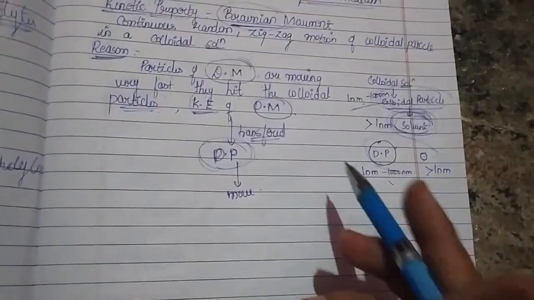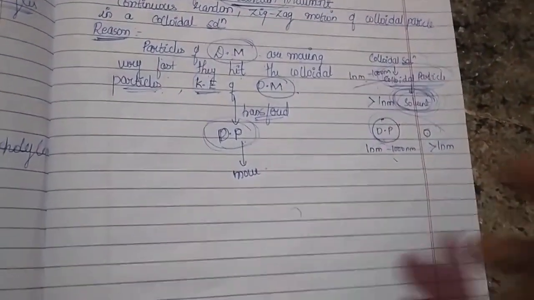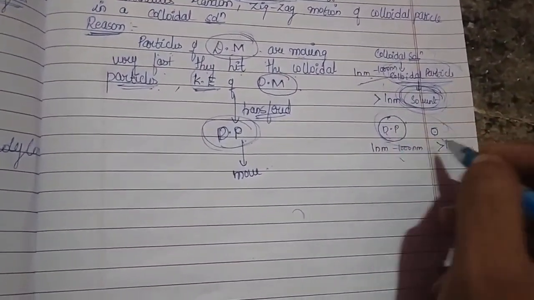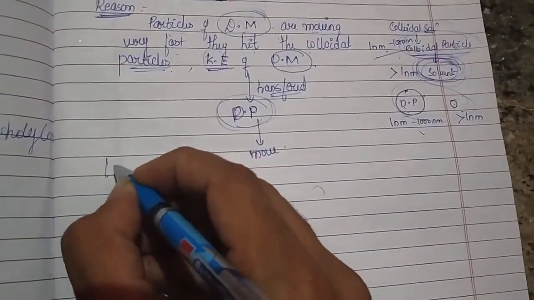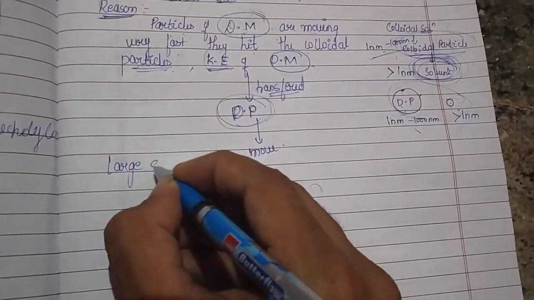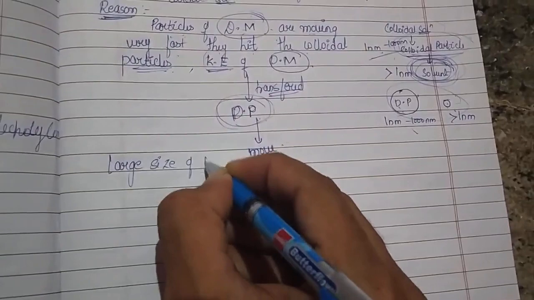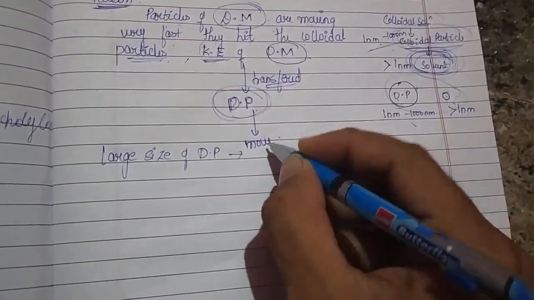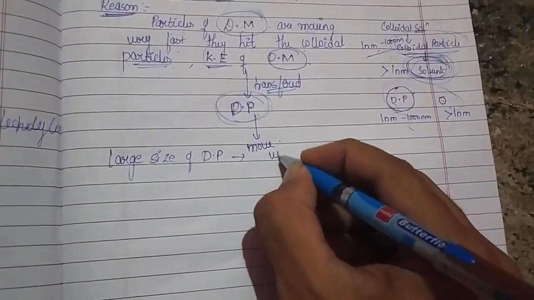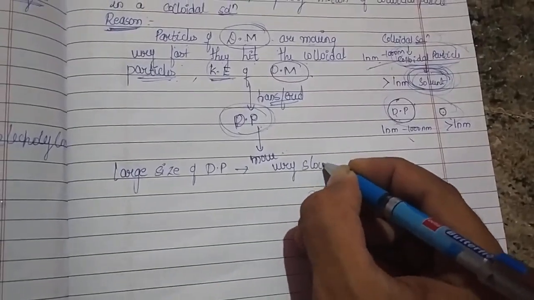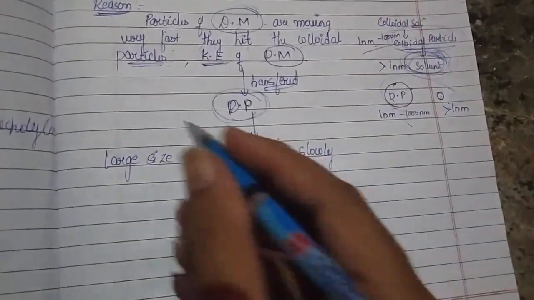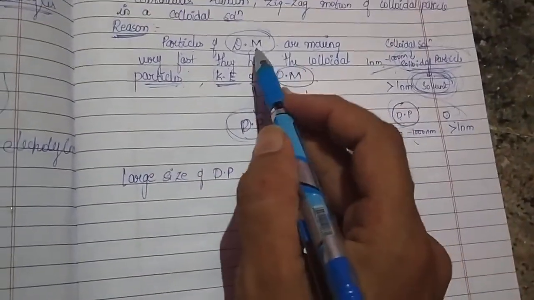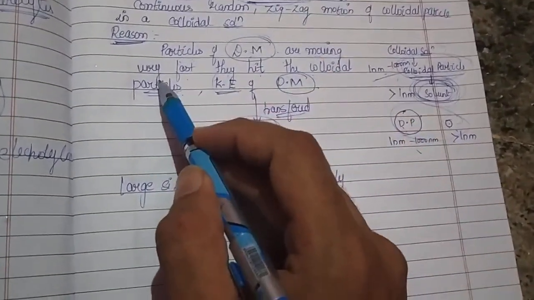Because he says the main reason for the movement difference is the particle size. Large size of your dispersed phase particles will try to move those particles very slowly. But whereas the dispersed medium travels very fast.